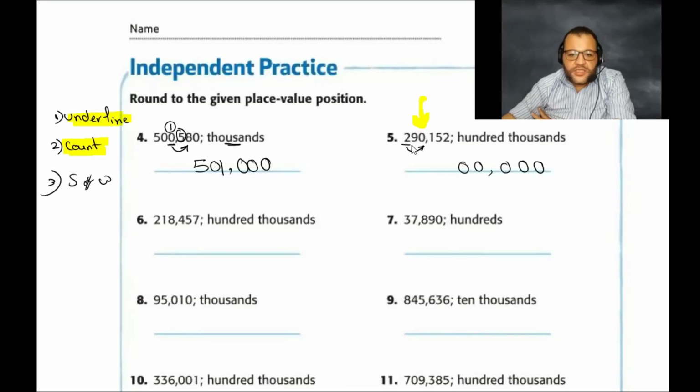What is the digit at the right of 2? Is it from the strong numbers or the weak numbers? Strong. What will happen if you find a strong number? Add 1 or nothing? Add 1. So 1 plus 2 equals 3. Okay?